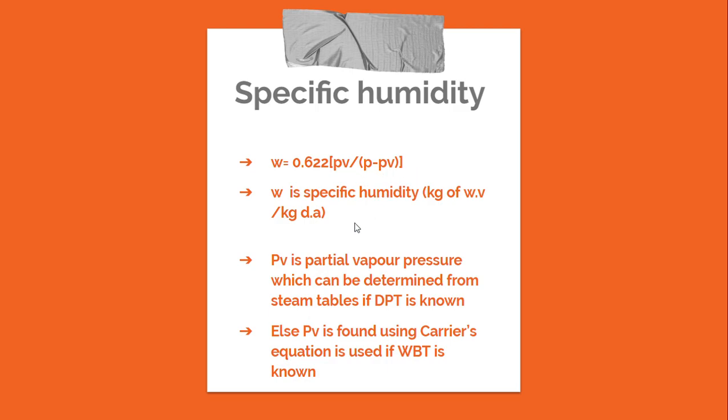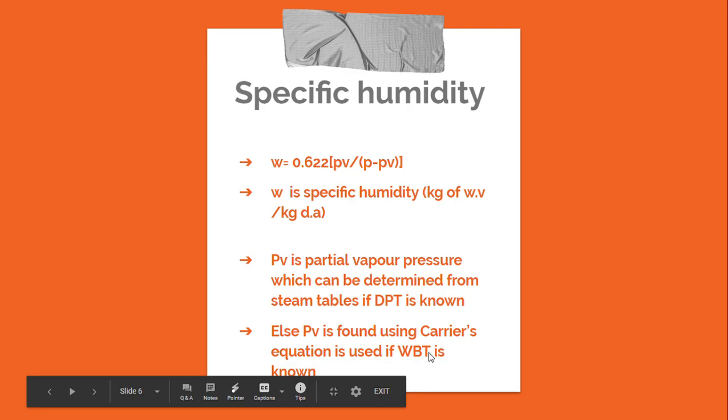So PV is the partial pressure, which can be found by two methods. One is by using the Carrier's equation. If the WBT is known, this is one type of problem: if you know the wet bulb temperature and the dry bulb temperature, then you can find PV by using an empirical relation known as Carrier's equation.